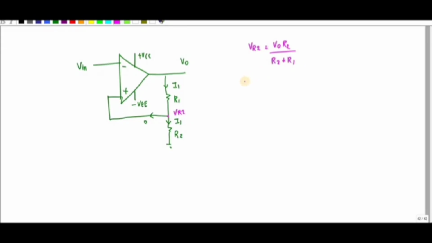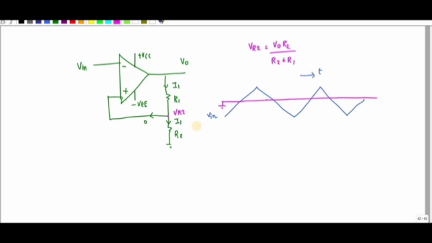Consider I have the input Vin, and I'm using a triangular waveform. It is changing with respect to time, and this point is called the 0 point.